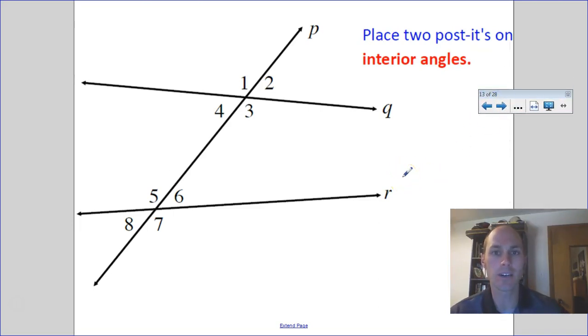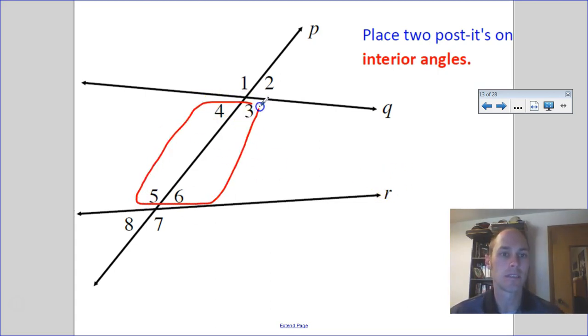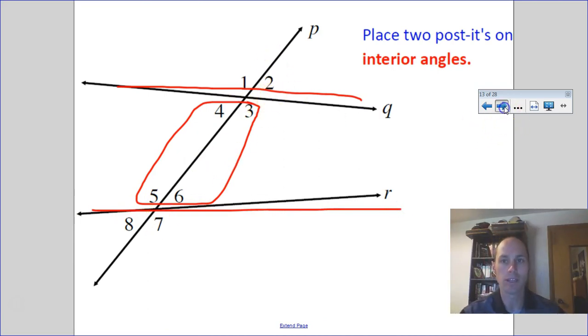Okay, interior angles. Which ones do you think are interior angles? Well, maybe you guessed these ones. Hopefully. If not, well, you were wrong, but that's okay. At least you tried, right? So interior angles are the ones between these two lines that are crossed by the transversal. They're just between them.